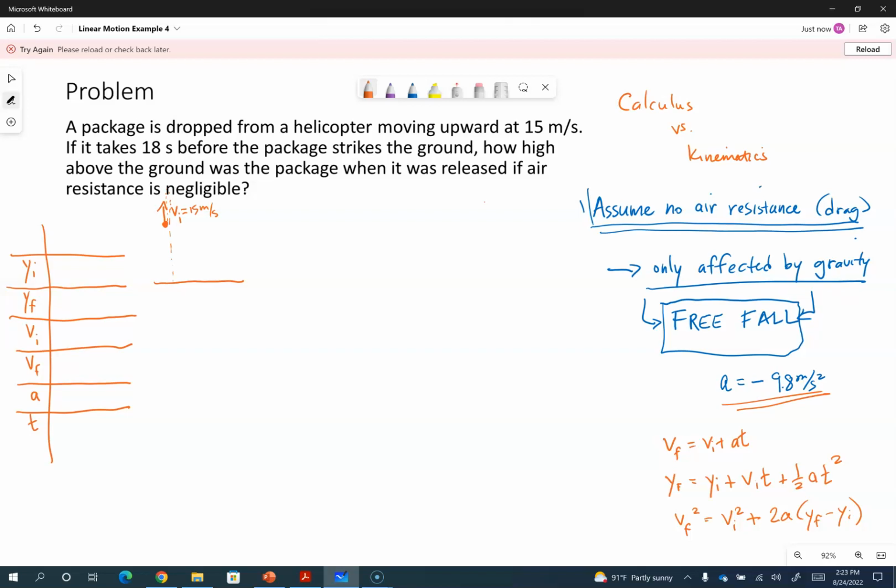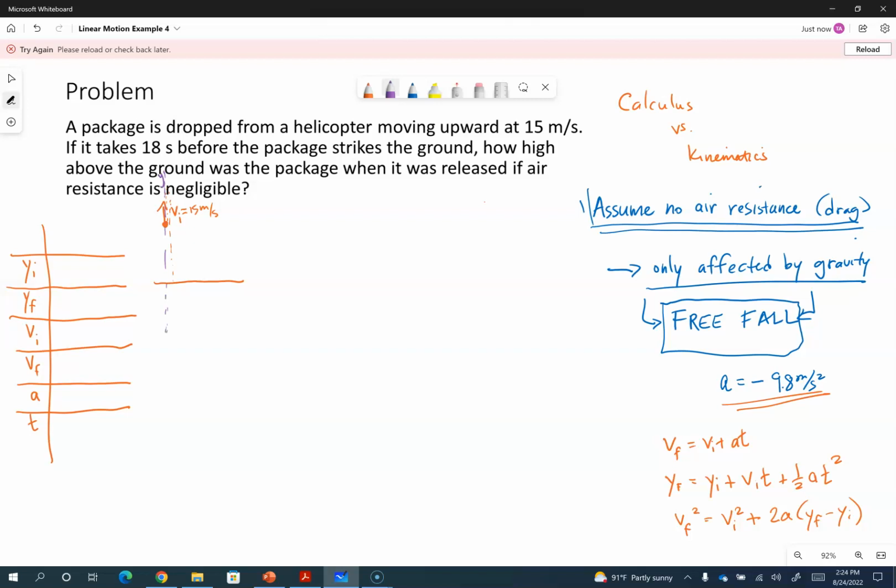With this rough sketch, we want to go ahead and draw a coordinate system to use. Because the helicopter was moving upwards, all the motion is going to be along the y-axis. So we just want to choose a y-axis, which of course makes sense to make the line that the package will move along.